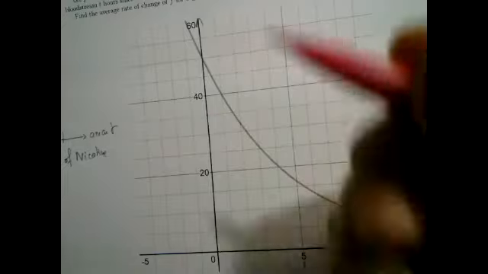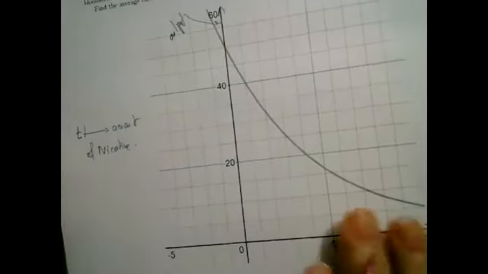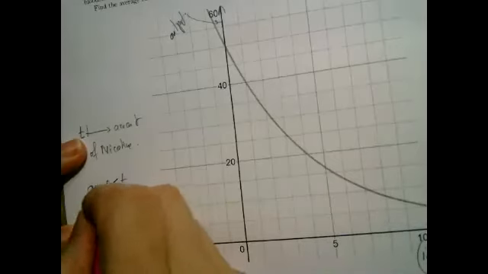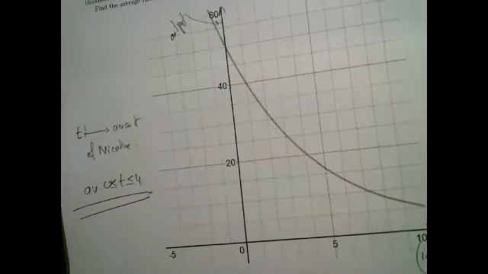And on the vertical axis is the output value, the amount of nicotine. The question was, we need to find the average rate for t between 0 and 4.